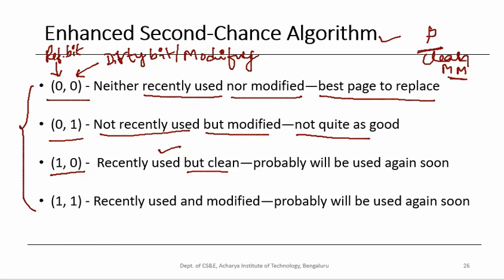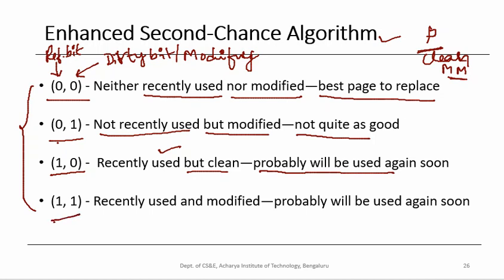So this kind of page could be selected as a victim page, but because it is recently used, the probability of using it again will be higher. So this is not as good as the previous combination.